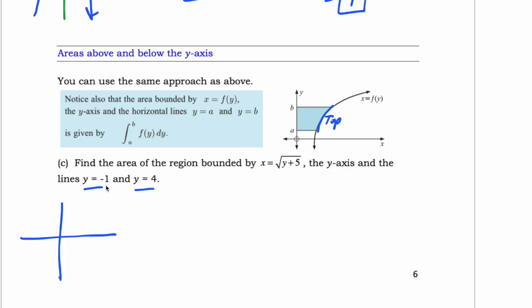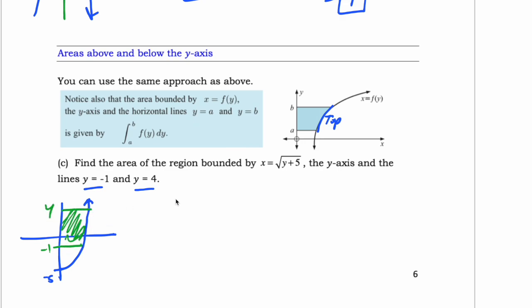The graph of that from y equals negative 1 to 4: if you plug in negative 5, you're going to get 0, so actually it starts at negative 5 and goes like that. So we're talking about this area from negative 1 all the way up to 4.